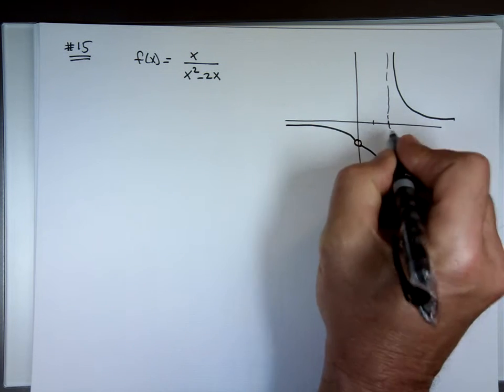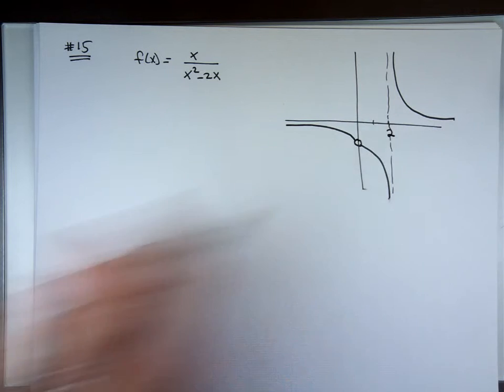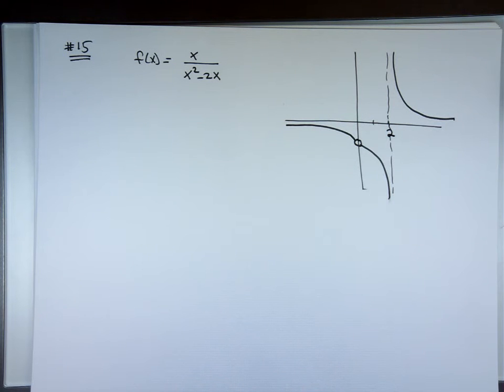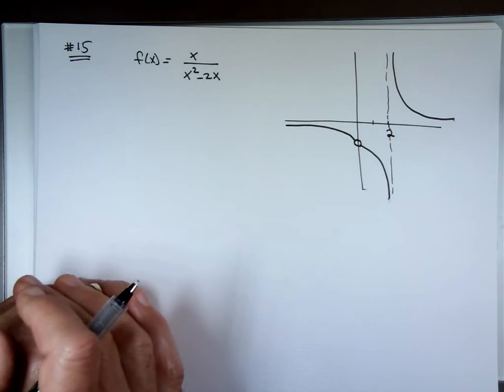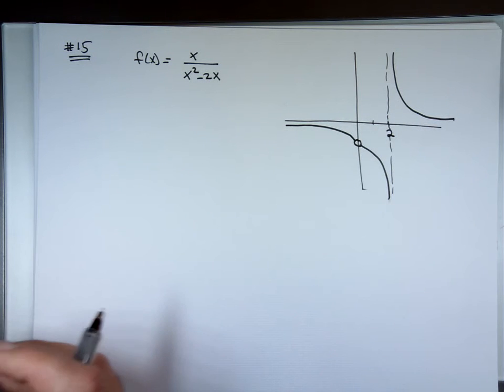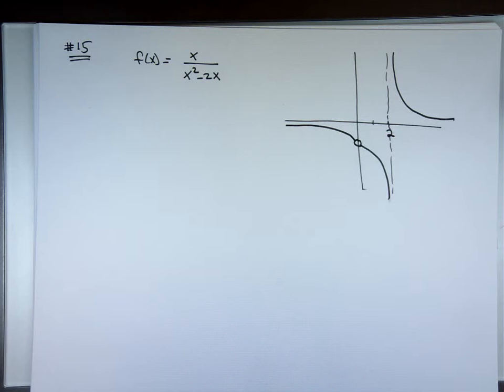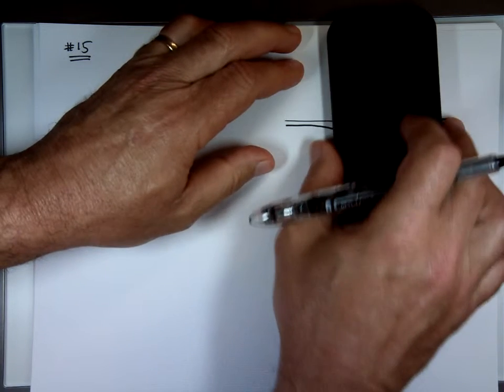This is the 2 here. This is question number 15. And the question, what's the limit of f of x as x approaches 2? Now I can block the entire picture here and just do that without it, I'll take my phone and cover that even. I don't want to see that.